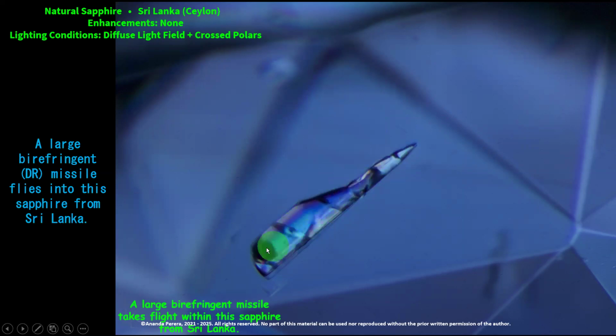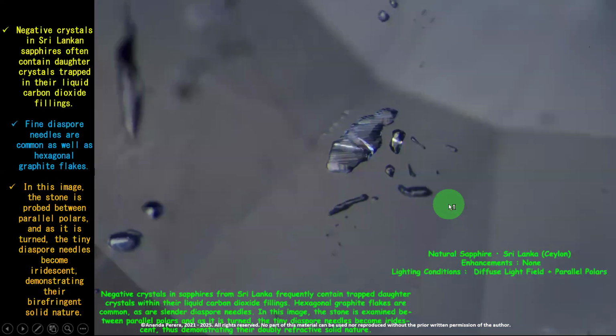It is a double refractive crystal, so it shows double. That is birefringent. Like a missile flying into the sky, it seems like that. It is a natural inclusion in the Sri Lankan sapphire.